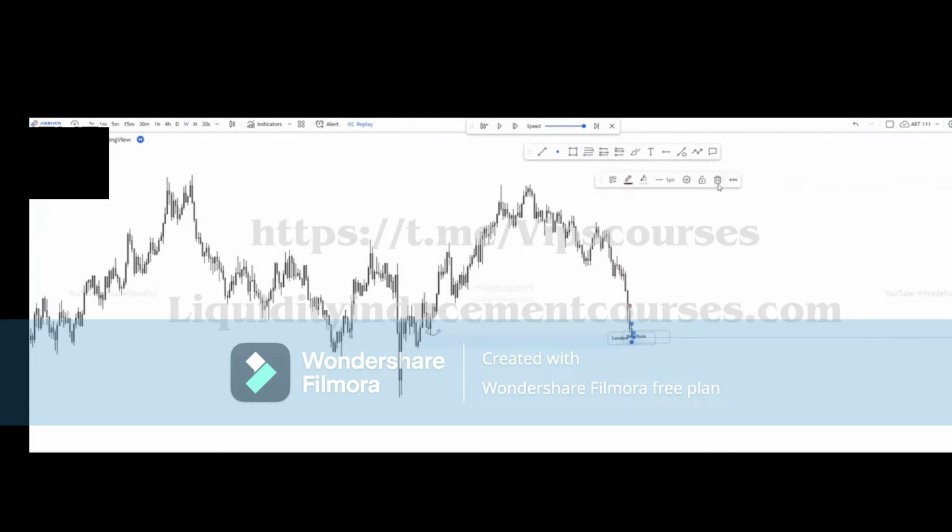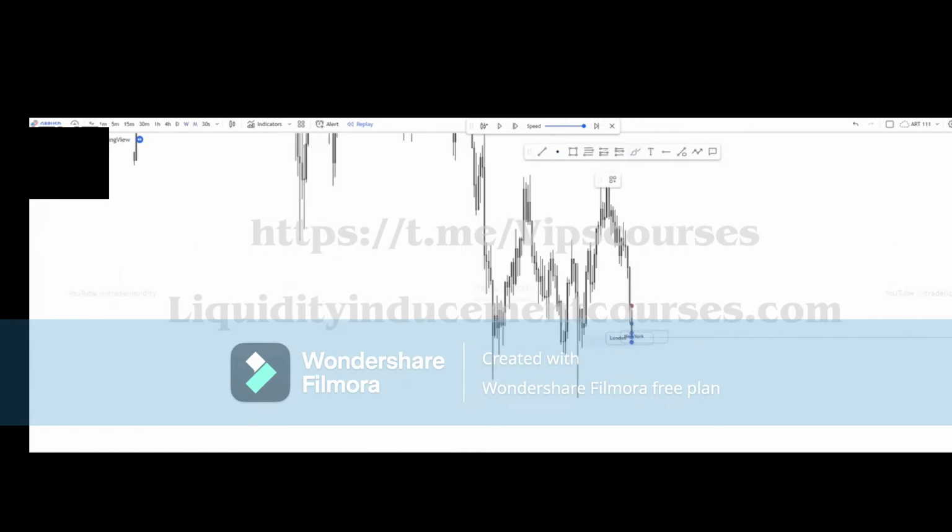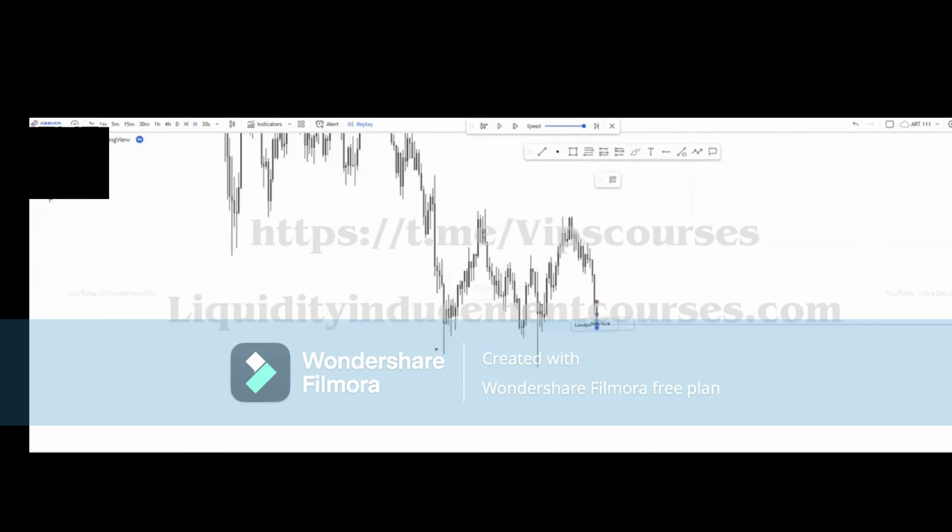So we're currently in this weekly point of interest. We have an untested strong low, right? Obviously on the monthly, the obvious thing that we see is run liquidity and break of structure. That's the obvious thing that we see currently, right? That's all we have to work with from here to here, right?